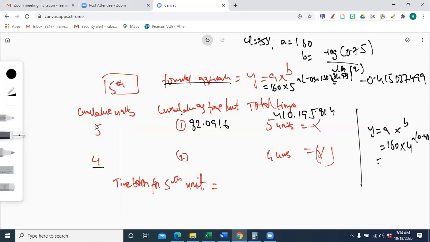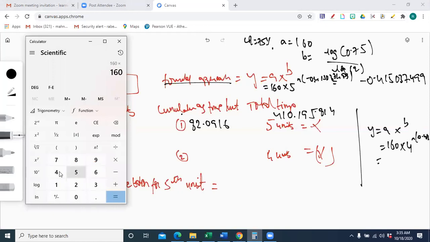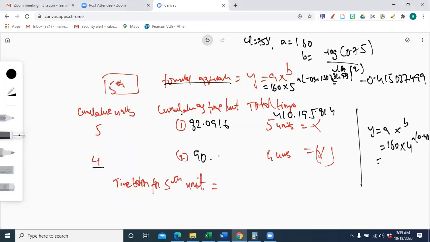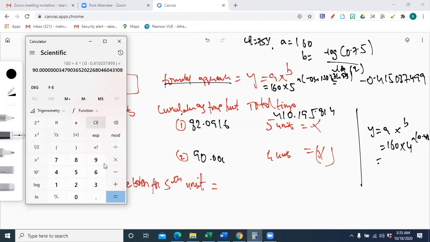So it's going to be 160 into 4 raised to the power minus 0.415037499, and this is basically 90.000. Whatever is there in the calculator, just multiply it by 4. You're actually getting the time taken for the first 4 units, which is 360.